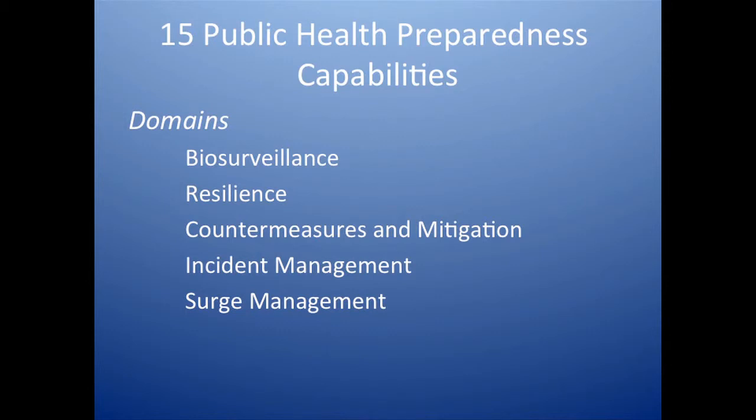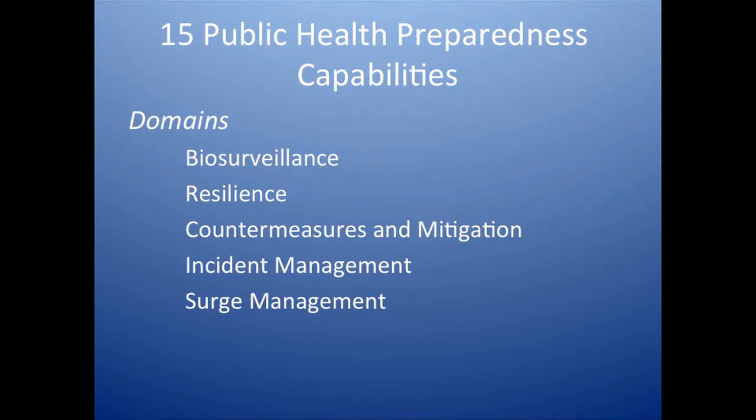These capabilities are known now as a national standard for state and local planning. The 15 capabilities are categorized under 6 different domains, and those domains are biosurveillance, community resilience, countermeasures and mitigation, incident management, information management, and surge management.